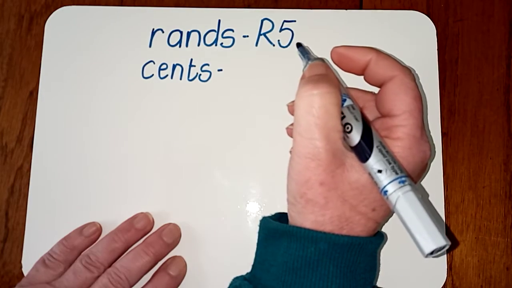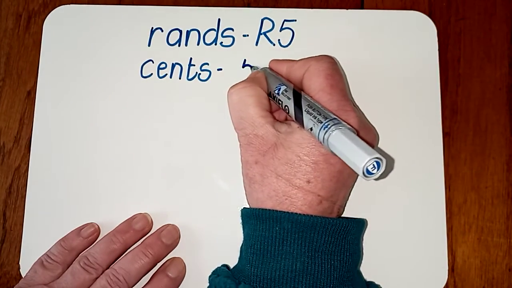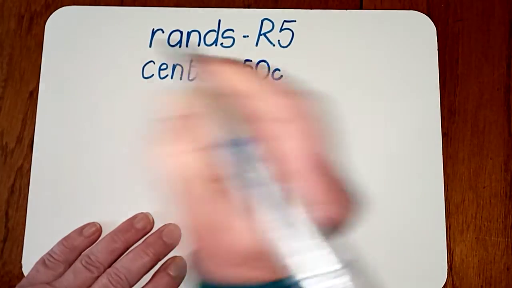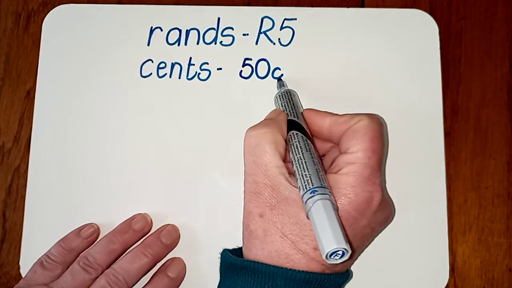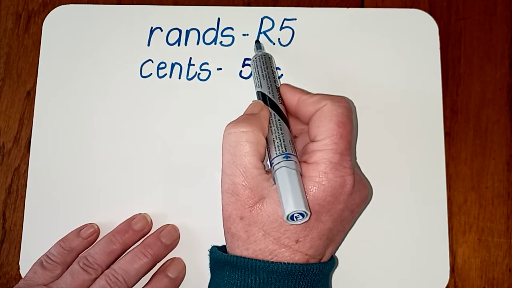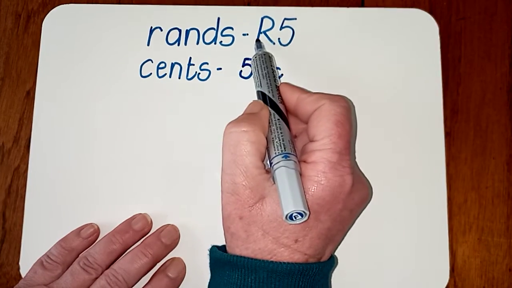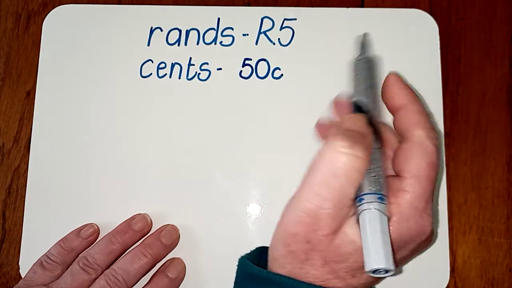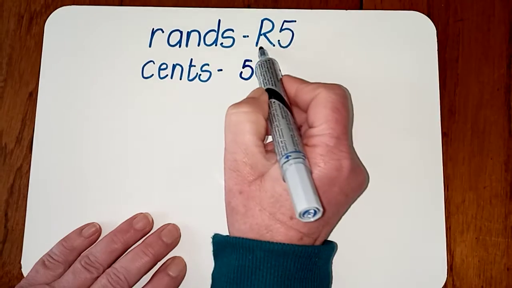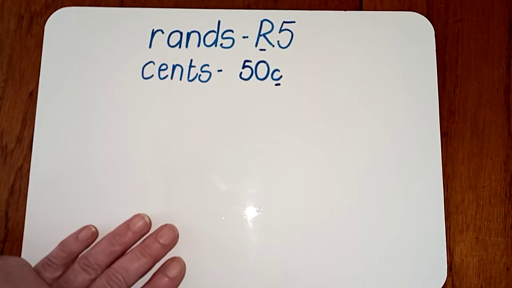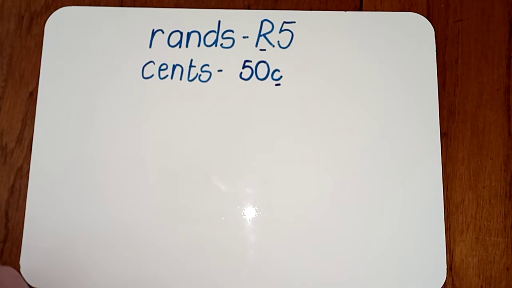But if we do have cents, let's say we have 50 cents, we use a little c at the end of the number. So it's R in the front, R5, and 50c. So that's how we write it, with those two letters. Now, today we're going to look at prices of things.